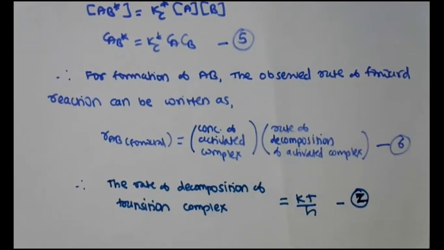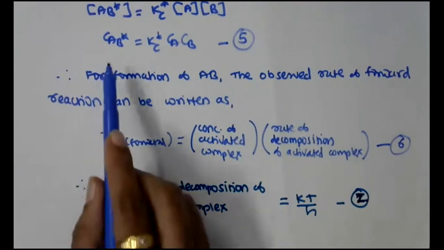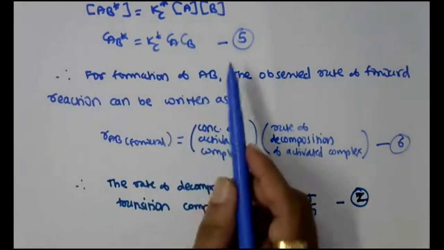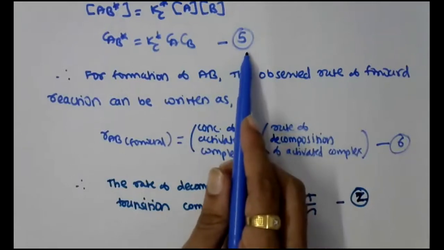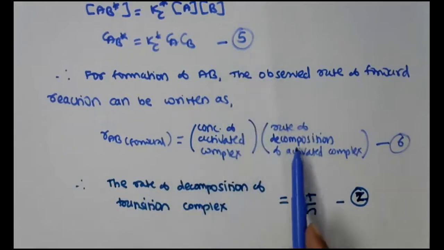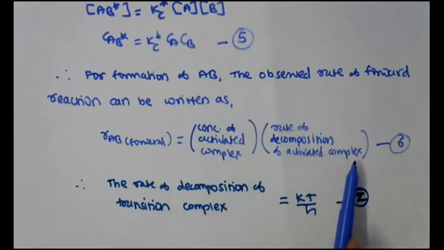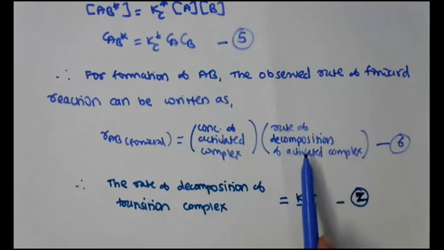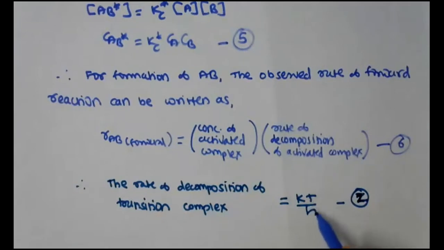So what we will do is substitute the value of the concentration of activated complex by referring to equation 5, and the expression for rate of decomposition of activated complex, Kt by H, by referring to equation 2.